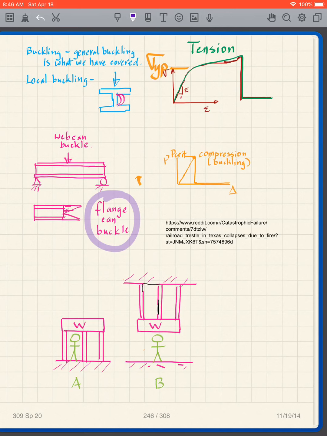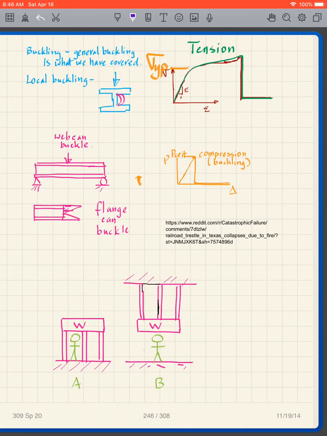How can that happen? Well, when we bend our beam, we get our stresses looking like that, and in this situation we have compression at the top. And anytime you have compression, you have a situation where you have to at least look at buckling, and the possibility of it.